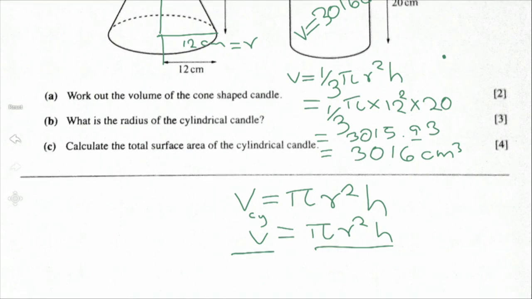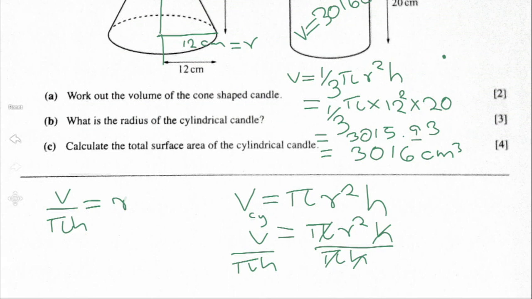Meaning that you have to make r the subject. So looking at this equation, how can you make r the subject? You just divide by pi h here, divide by pi h here, cancel out the pi, cancel out the h, you get V over pi h equal to r squared.